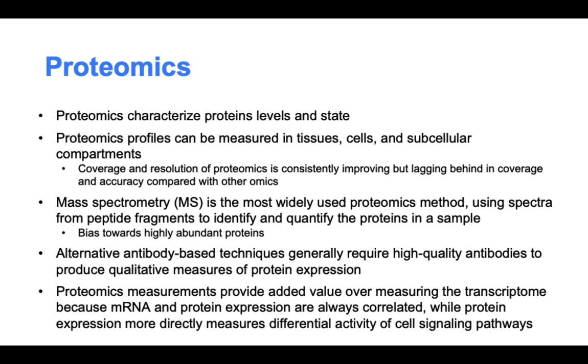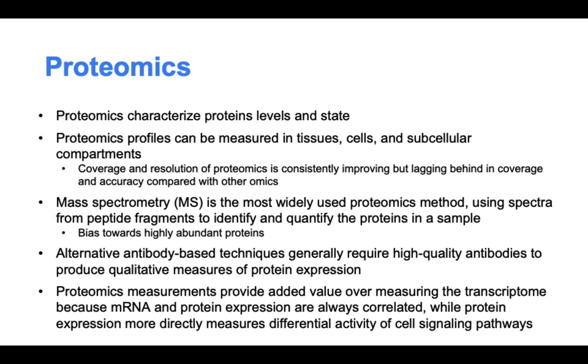But in general, all of these proteomics measurements are important, and we've seen that over and over again now, because they provide a lot of value in addition to the transcriptomic information. So we know that in the process of translating a messenger RNA into protein, there are a lot of modifications happening, a lot of regulatory influences from other systems in the cell. So there's most definitely not a direct correlation between the transcriptomic abundance and the protein abundance.